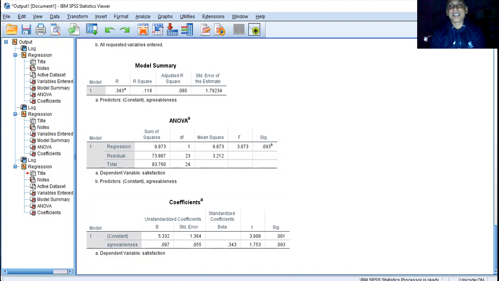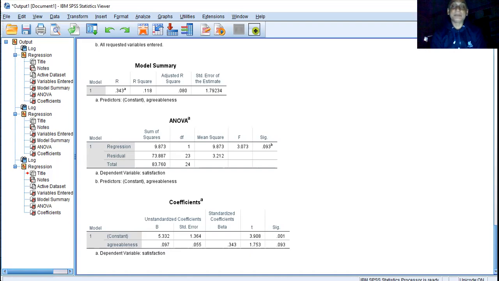The answer is at t value of 1.753 and significance of p is equal to 0.093. We are not able to predict the criterion variable, or we can say the predictor variable is unable to predict the criterion variable, or agreeableness is unable to predict the value of satisfaction of an employee by the supervisor.